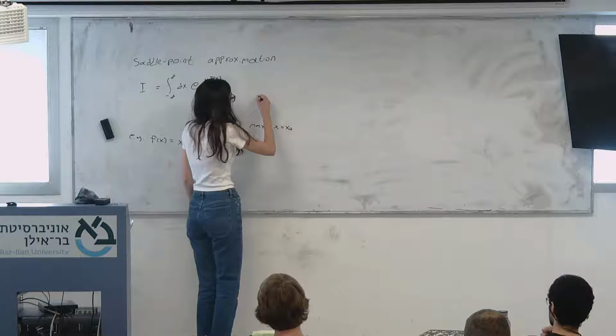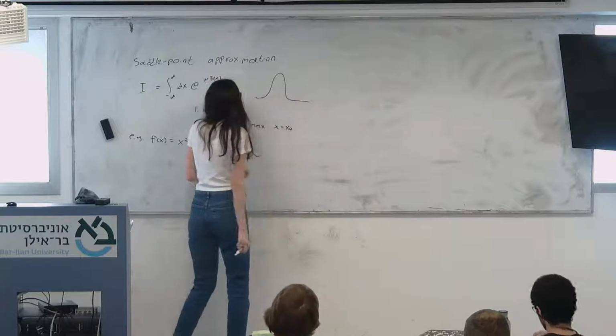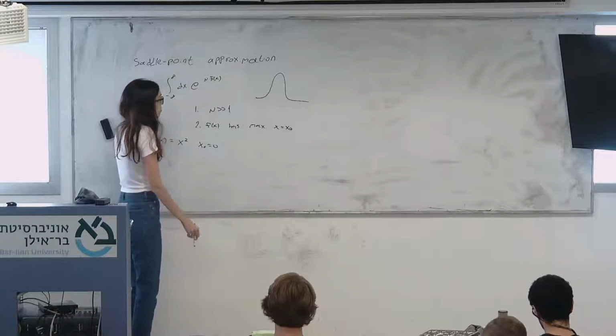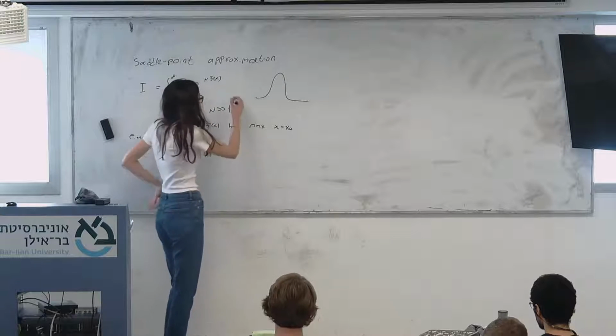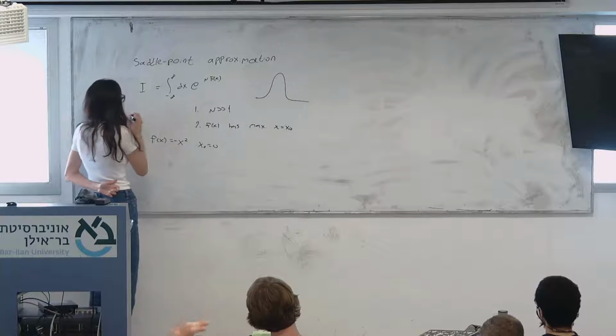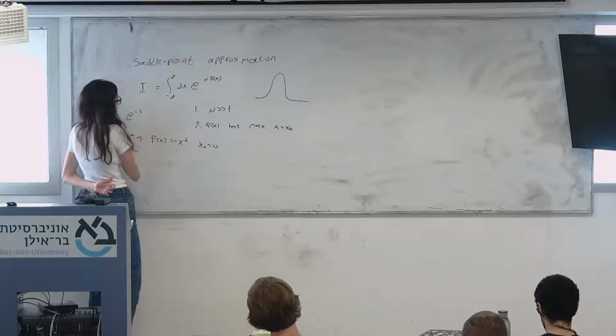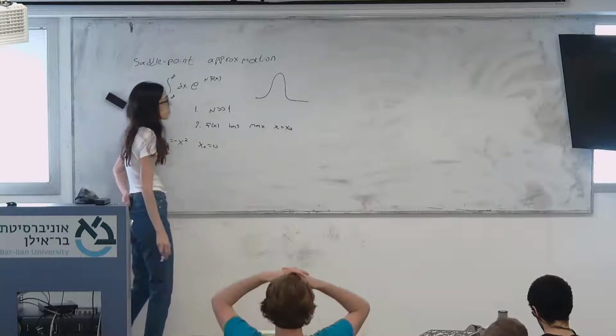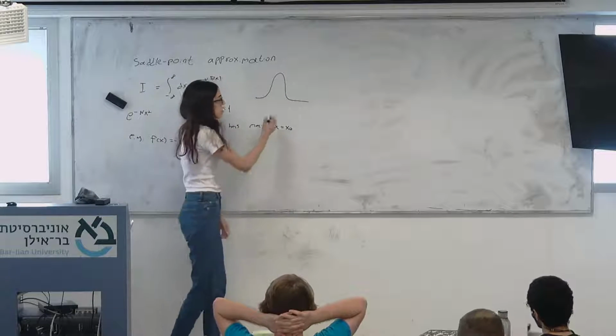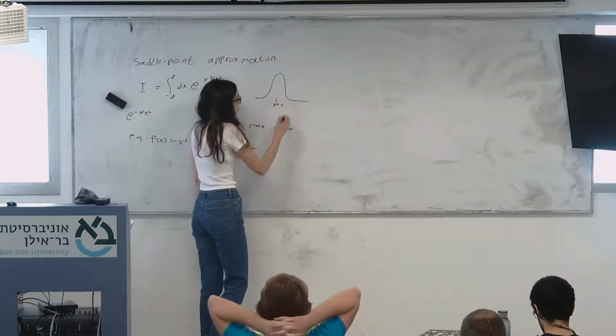Let's think about a Gaussian type of function. If f is minus x squared, we have e to the minus n x squared. We have some form of Gaussian around x equals 0.